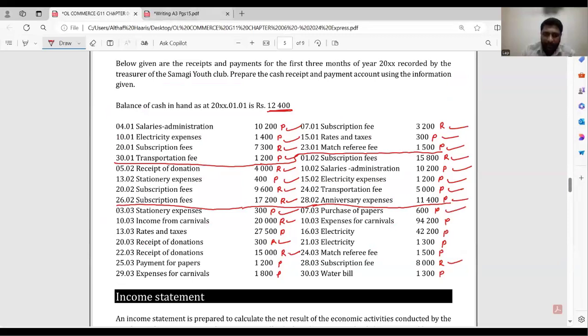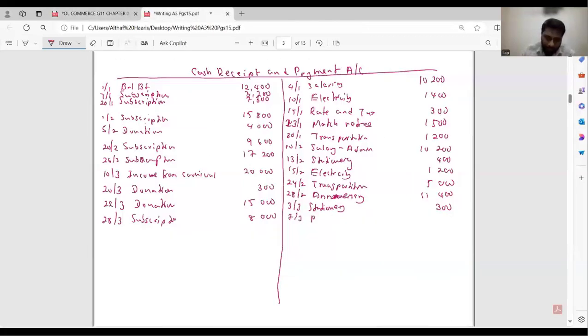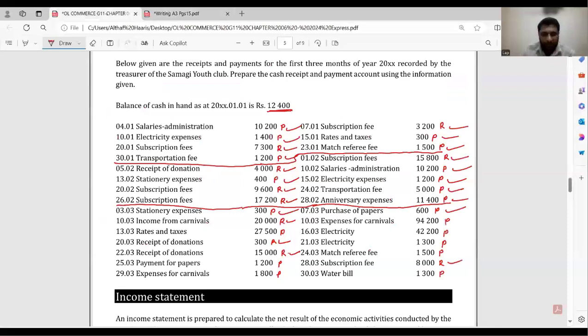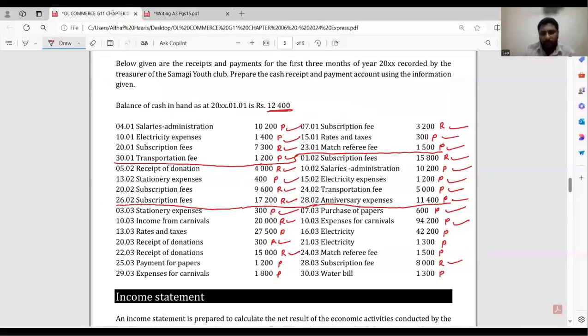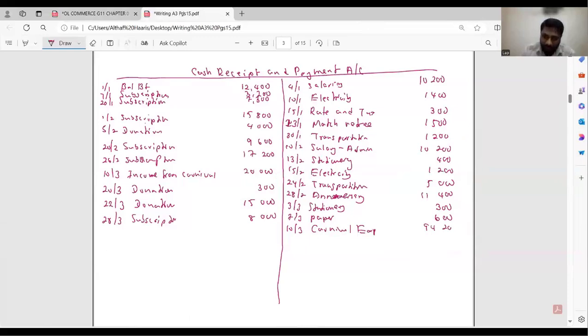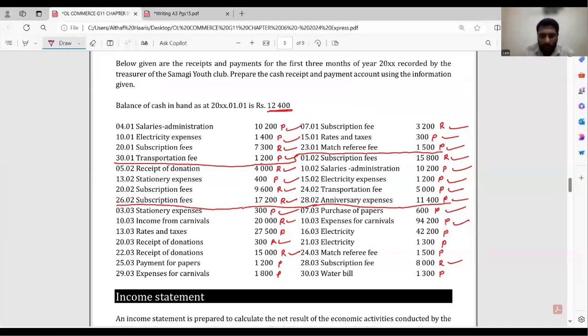Then paper 600. Carnival expense 94,200. Rates and taxes 27,500.